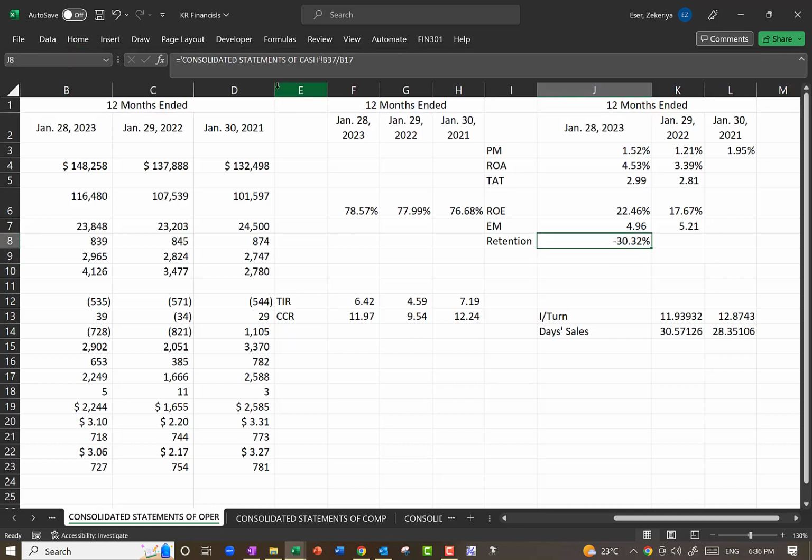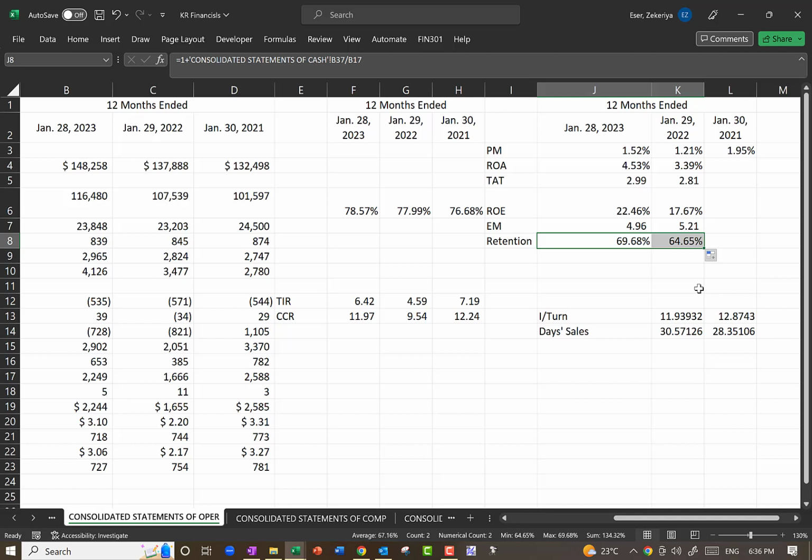They pay out about 30% as dividends. So 1 plus that. And they keep about 67% on average, or about 2/3 in the firm.